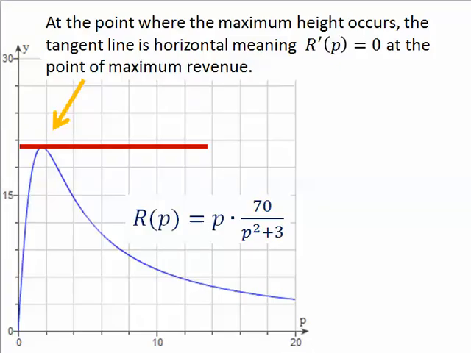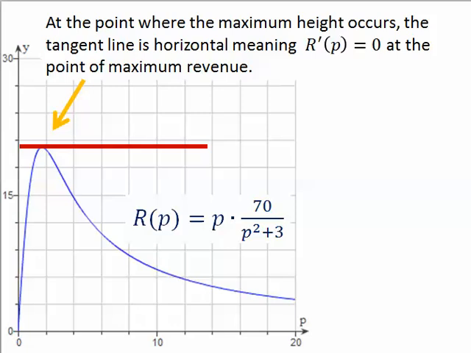At the point where the maximum height occurs, the tangent line is horizontal, meaning R prime, the slope function, now we're viewing the marginal function as a slope function, the slope function would have to be 0 at the point of maximum revenue.